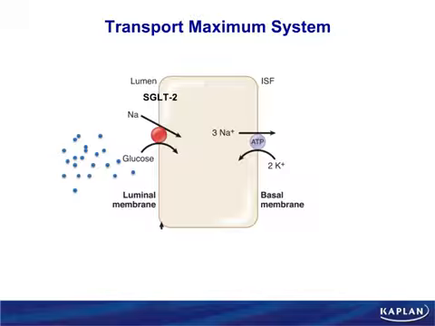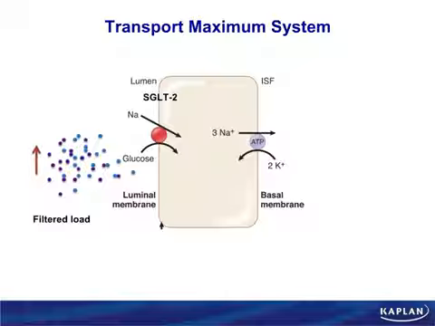Now, remember saturation kinetics. When I say the concentration of glucose in the lumen increases, what I'm really saying is the filtered load, because the concentration of glucose in the lumen of the proximal tubules is the filtered load.